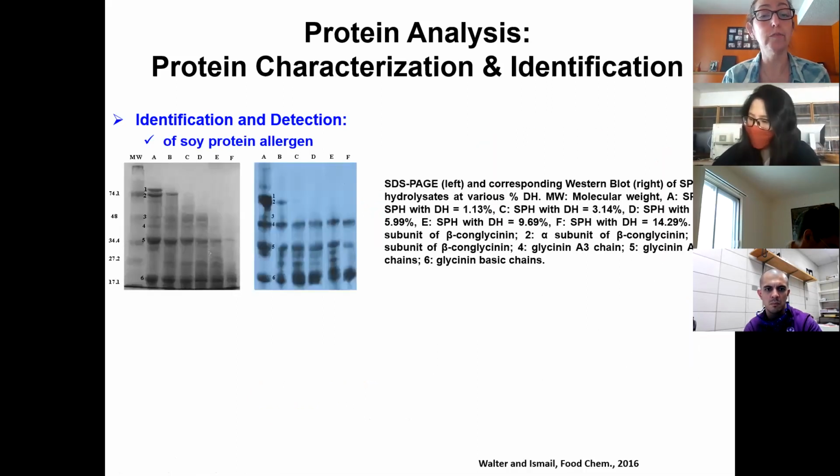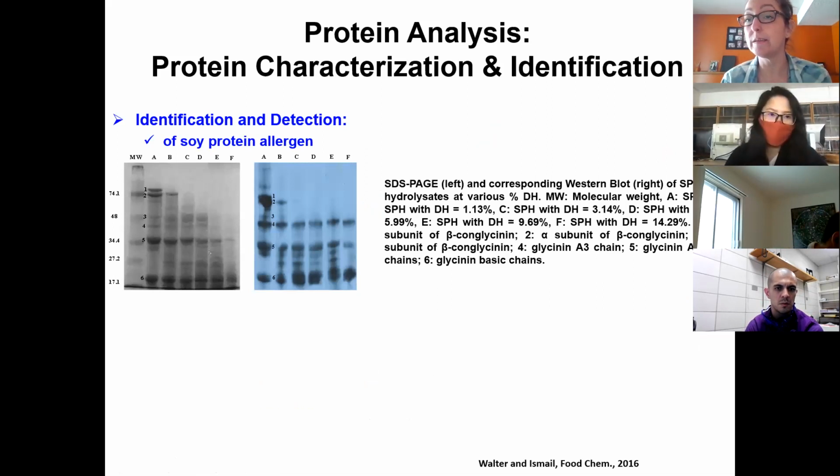So we've used this technology to screen soy protein allergy. And for antibody sources, we used serum from individuals that have allergenicity to soy. That means the serum has antibodies that can specifically react with soy protein.